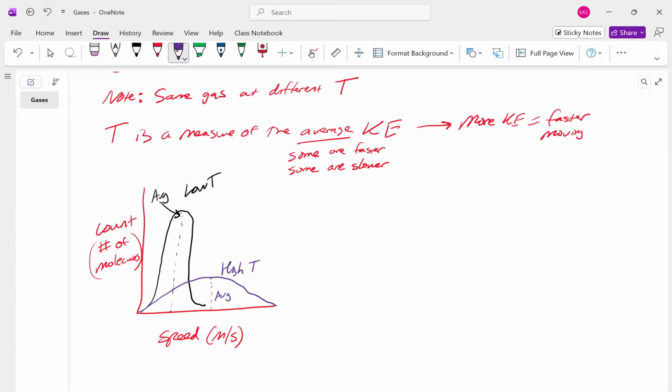This is at high temperature. And so I see that more molecules are moving faster than at a low temperature. So as temperature increases, the curve flattens and goes towards a higher speed.